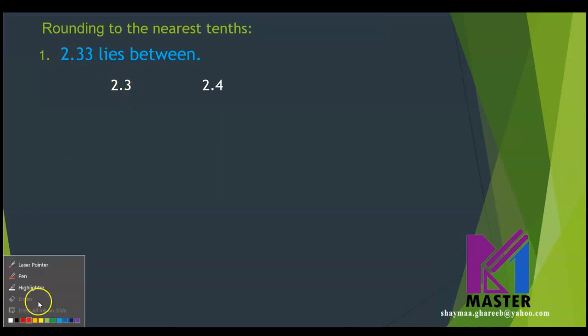Is the same as 2.30. And 2.4 is the same as 2.40. So if we add this 0 here, let's imagine that there is a 0 here, which means this is 30 hundredths and this is 40 hundredths.